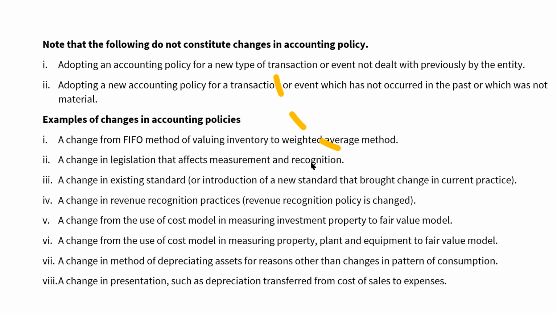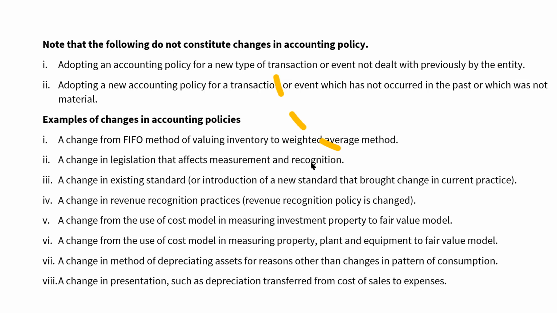As business evolves, new things come, new transactions occur, and we need to put them into action. We need to disclose them in the financial statements. We need to adopt a policy for their usage. This is not a change in accounting policy. Number two, adopting a new accounting policy for a transaction or event which has not occurred in the past or which was not material is also not a change.